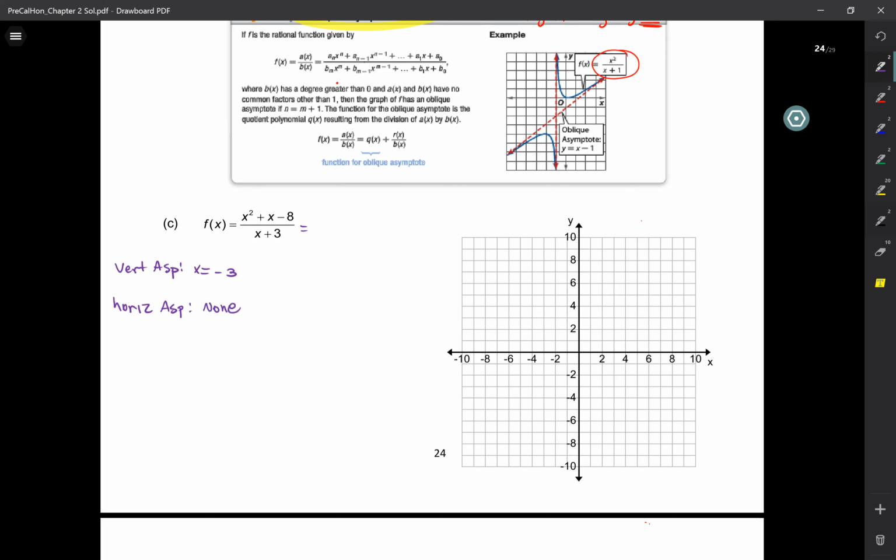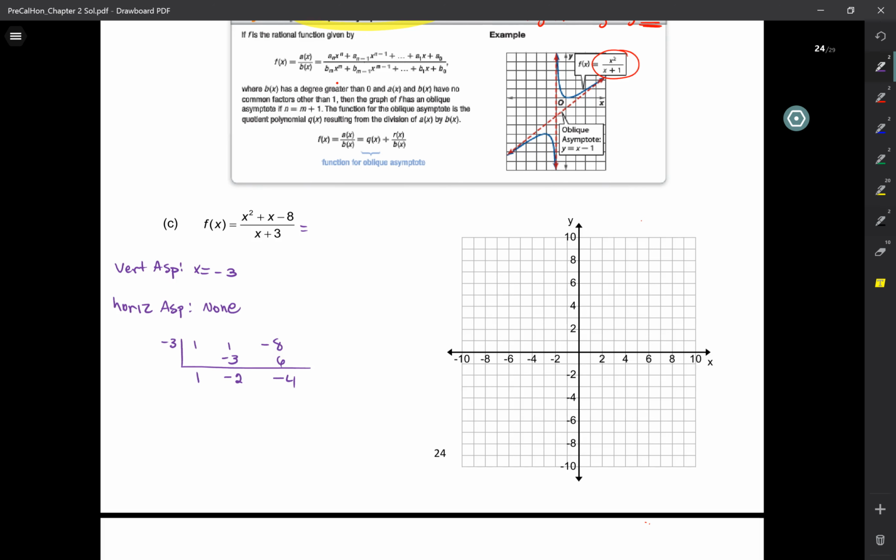The oblique asymptote can be found by dividing these two. So you either have to do long division or synthetic division. In this case, we can do synthetic division, so why don't we just do that? So 1, -3, -2, 6, and we get a remainder of -4. You can get a remainder, that's totally fine.